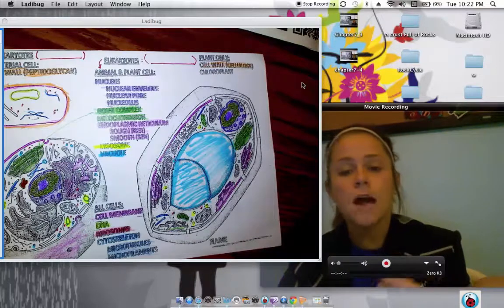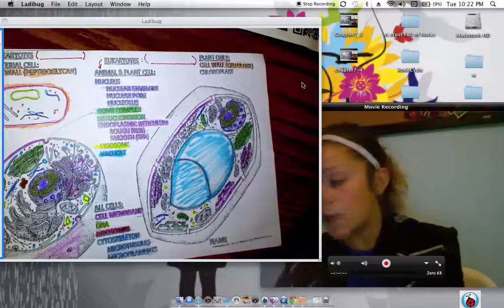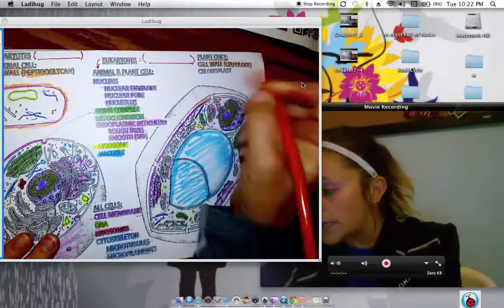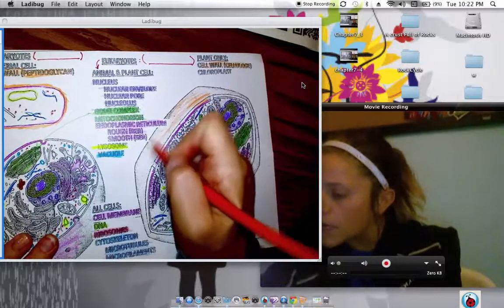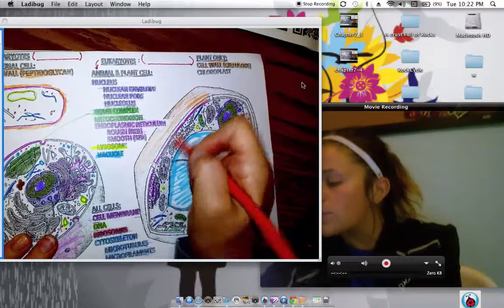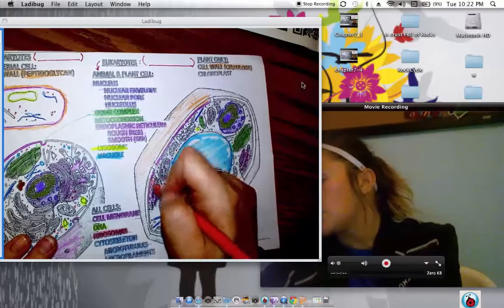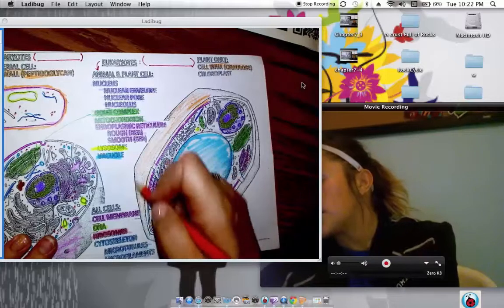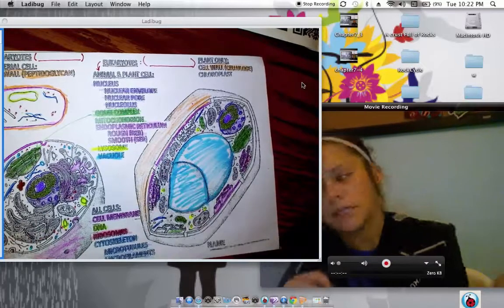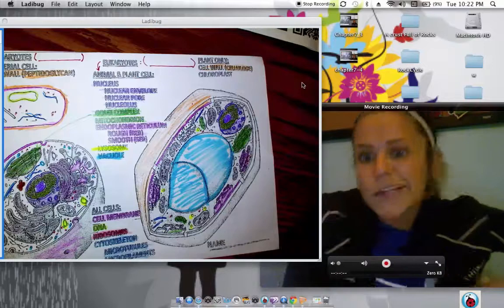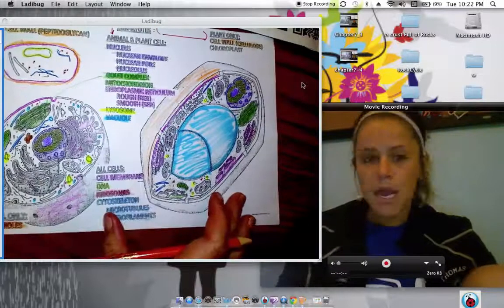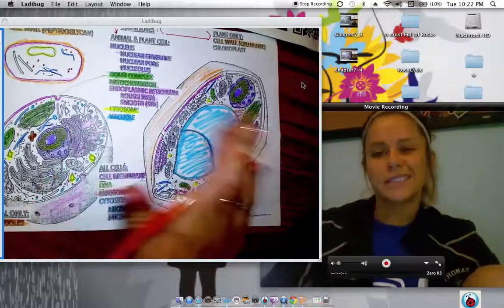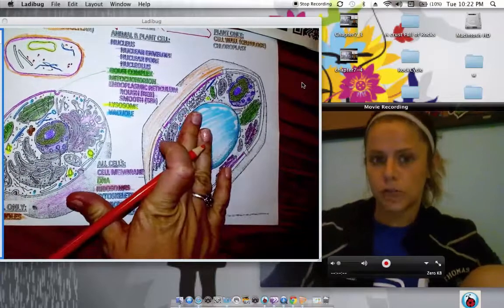And we find it in our cell walls. So the outside here and the outside here, all the way around the plant, is the cell wall. It helps support the plant cell. It's only found in plant cells, not in animal cells, because animal cells have to be able to move. They have to have a fluid structure, and the cell membrane allows for that, but a cell wall does not allow for a fluid structure.